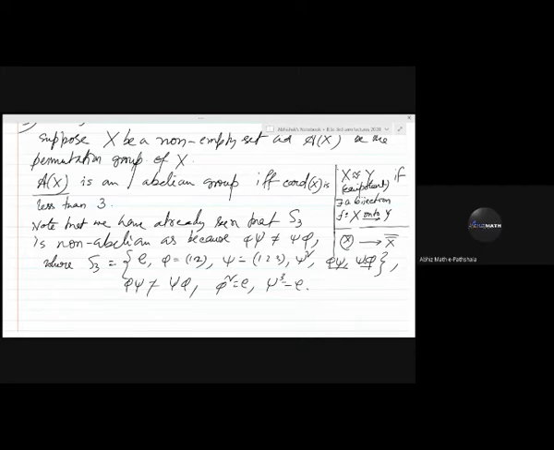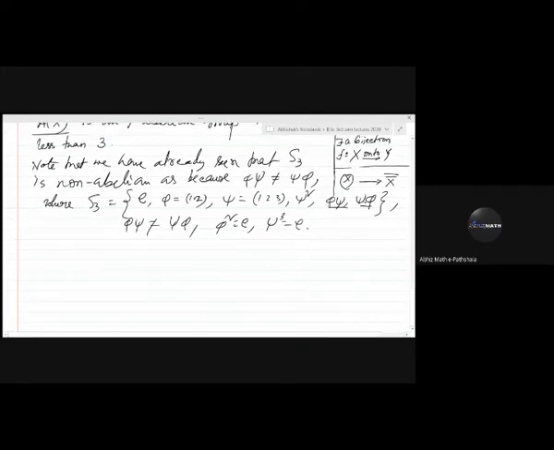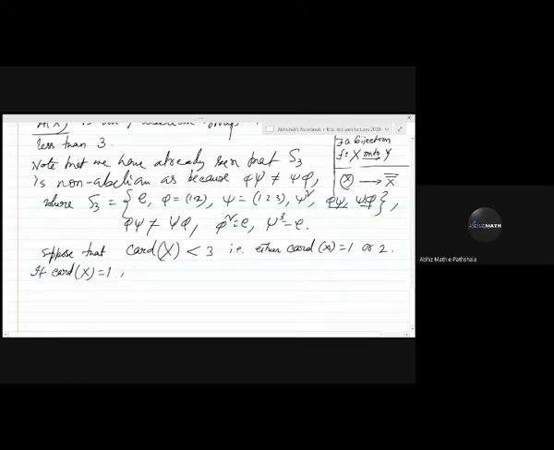Suppose that the cardinality of X is less than 3. That means either the cardinality of X is 1 or it is 2. If the cardinality of X is 1, how many elements does the permutation group have?